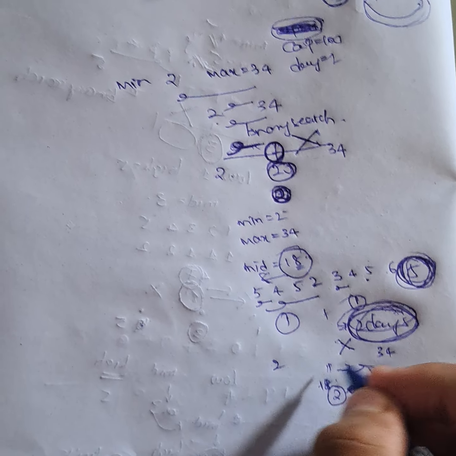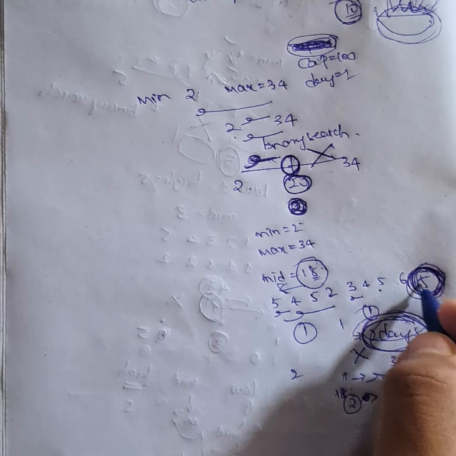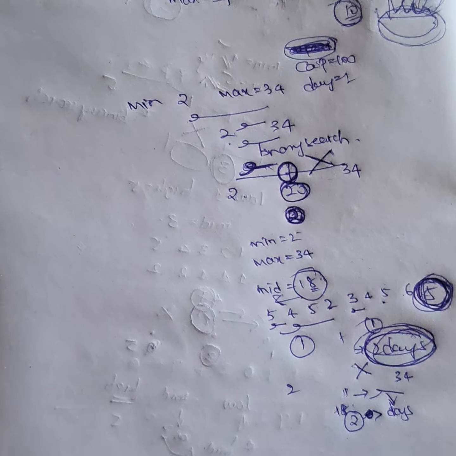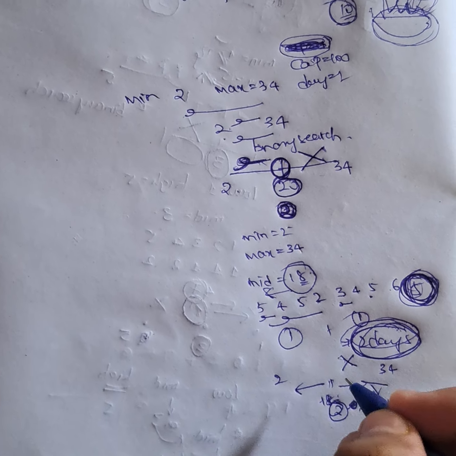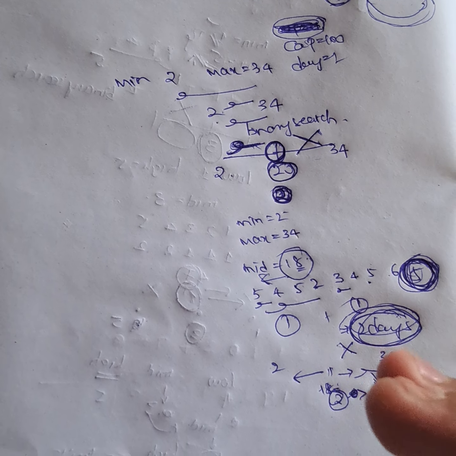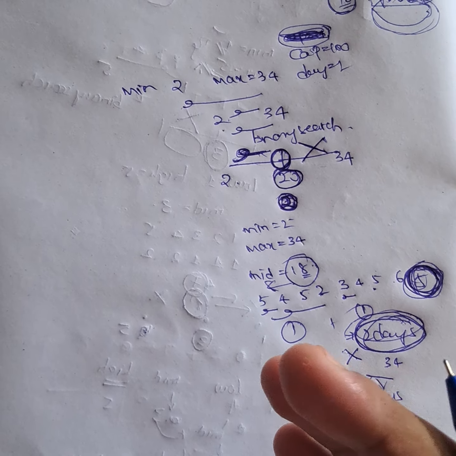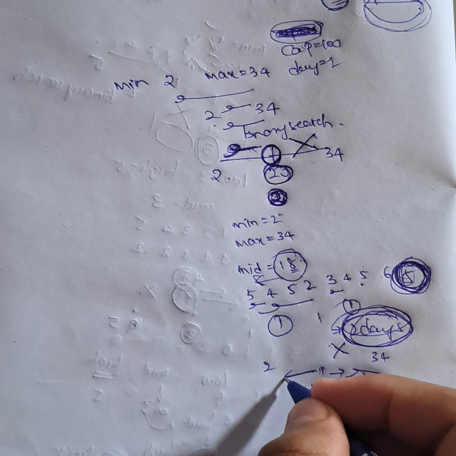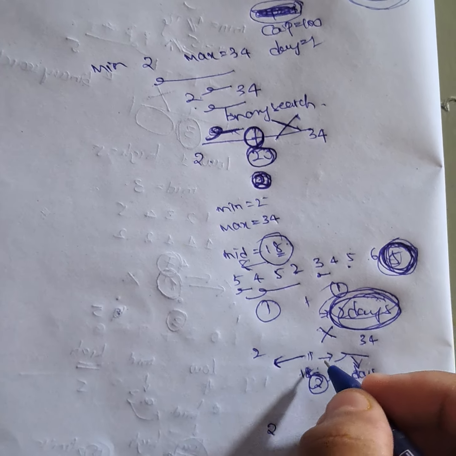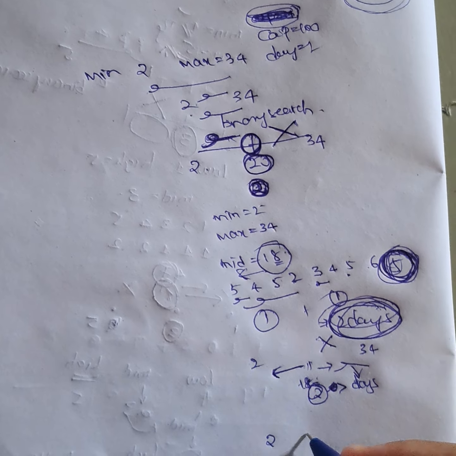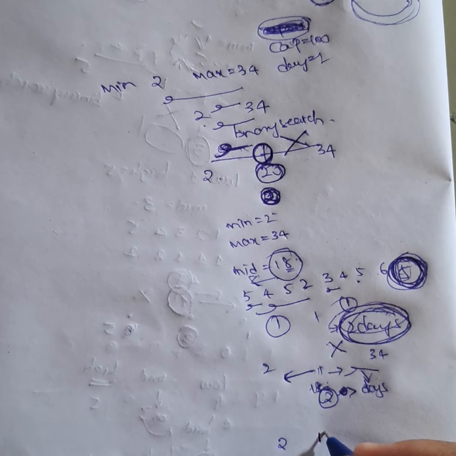We need at most 5, so we have the room to increase the days from 2 to at max 5. So we need to search on the lower side and reduce the capacity so that our shipping days increase. So we move from 18 to 18 minus 1, that is, we move our mid.